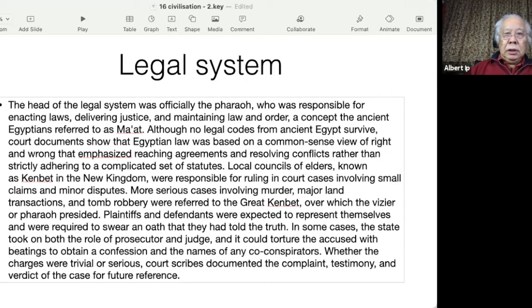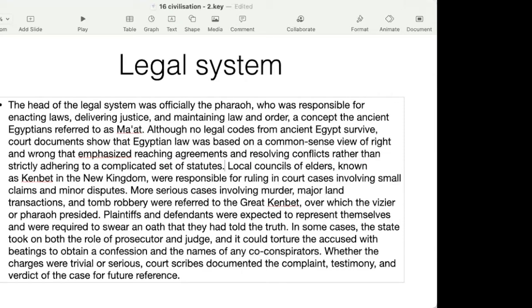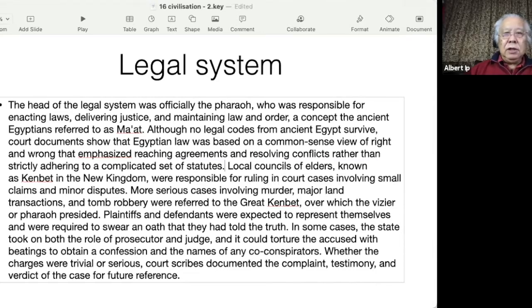So this emphasis on reaching agreements doesn't come from a common sense of right and wrong. I think it is based on the moral stance of the people, and that is quite interesting at this stage. So it is not what we would call authoritarian today. It is common sense, I think.